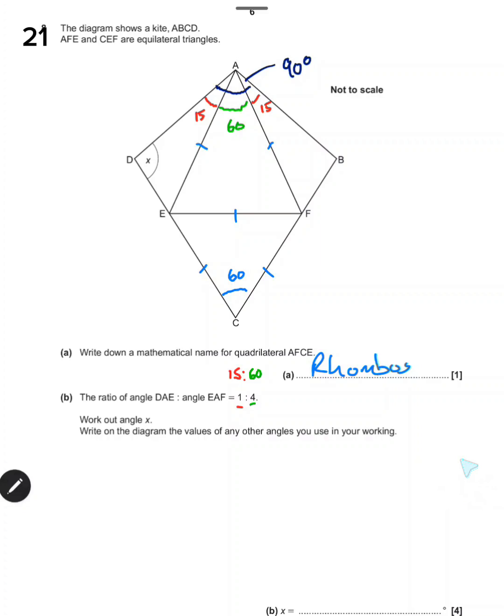Now we've got a 4-sided shape where we know the top and bottom angles. So what I'm going to do is 60 add 90. That equals 150. For a kite, these two angles must be the same.